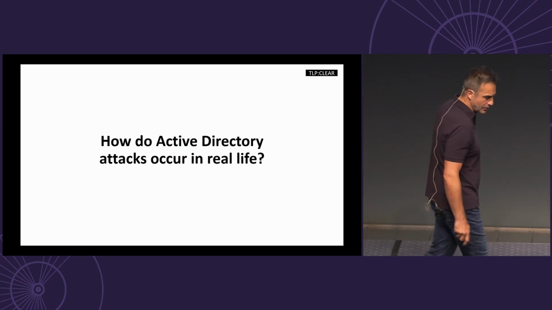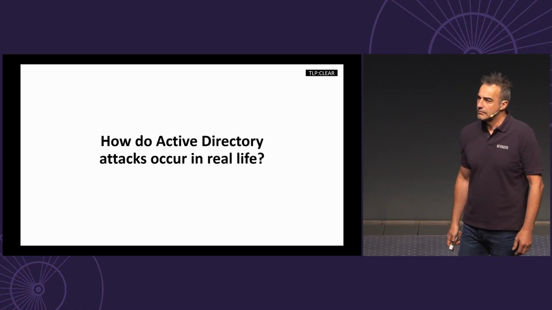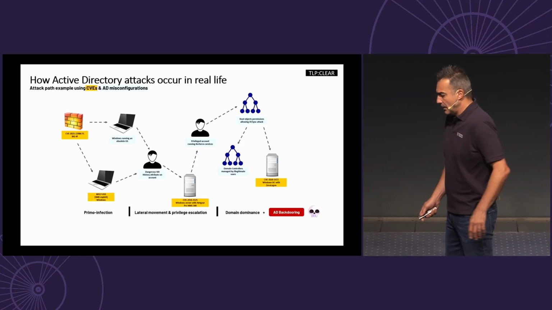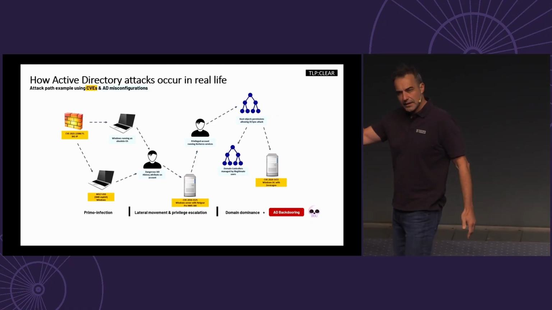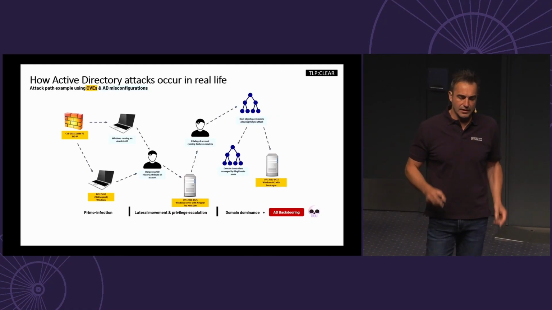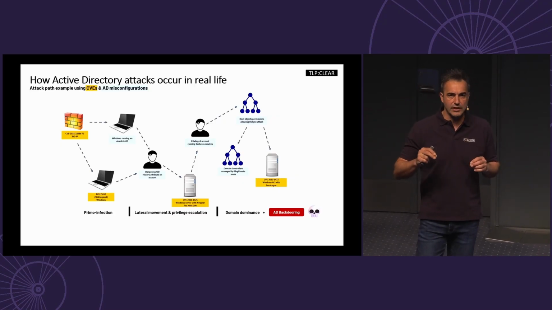Just as an introduction, how do attackers perform attacks against AD? You know that you have this attack path, but the interesting thing here is that when you are doing malicious stuff against AD, you are not using CVEs.